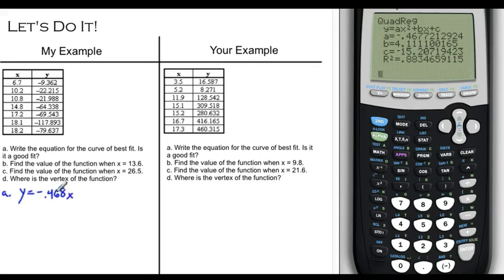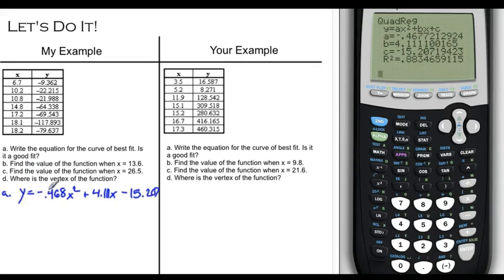If you are not told otherwise, round after 3 decimal places. So negative 0.468x squared plus 4.111x. I know that's positive because over here b is positive. And then c would be minus 15.207. And so there's my equation.